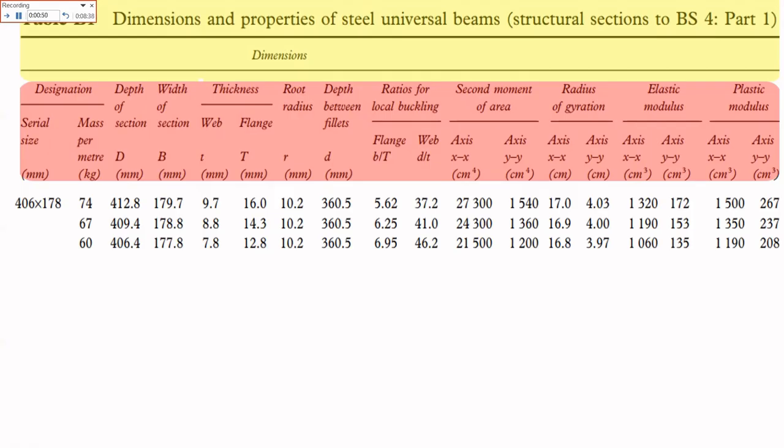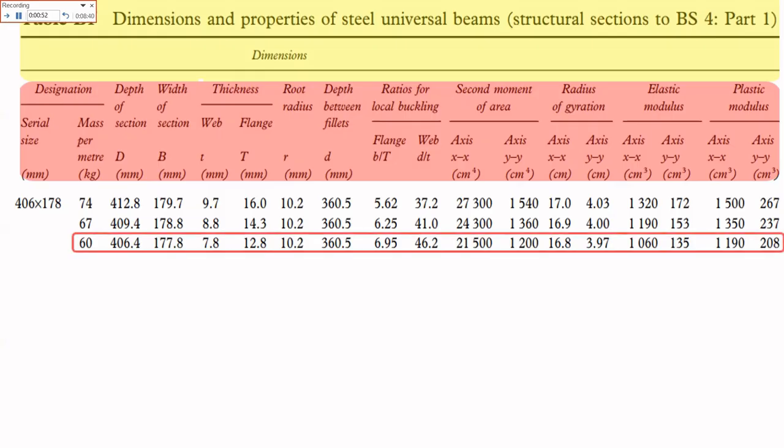In my case, I selected this beam, 610 by 178 by 60 U beam. So the 60 here is the mass per meter, and the rest are shown here. We have the depth of the beam, the breadth, the web thickness, the flange thickness, radius, and the rest.